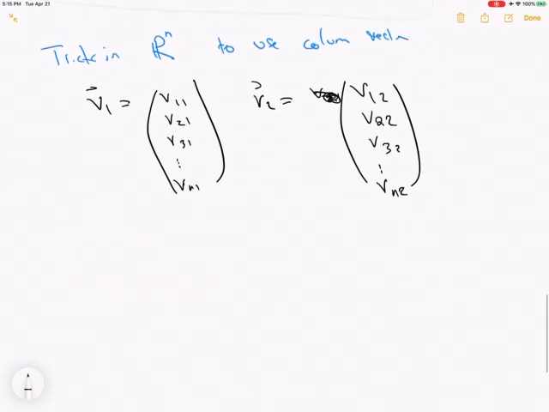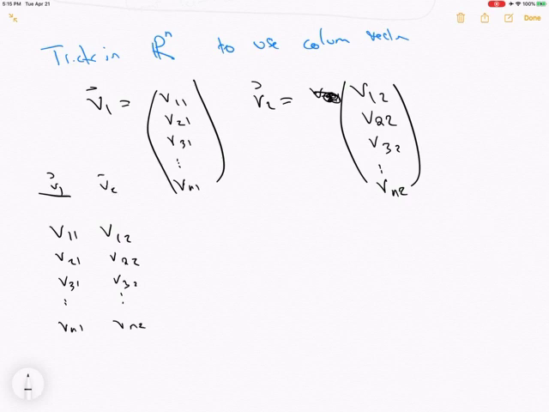It becomes the matrix, exactly what you would think: v1,1, v2,1, v3,1, vn,1. This represents v1. And then you have v1,2, v2,2, v3,2, vn,2. That represents v2. And you go until you get to the last one.